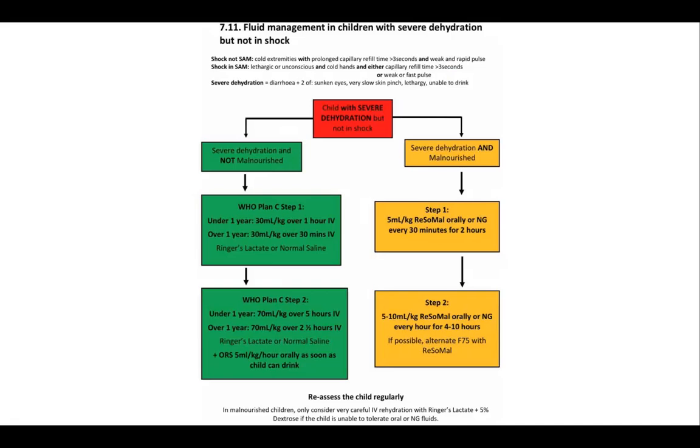However, if the patient is in malnutrition, resuscitation must be very careful as the patient very easily develops pulmonary edema. So in this case, we use ReSoMal, rehydration solution for malnutrition, given orally or through a tube.